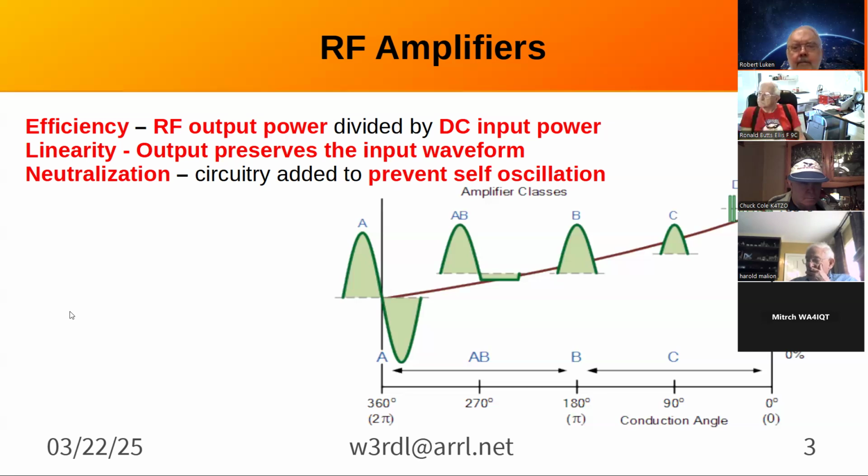Yeah. It's more efficient, but it's not linear. And then neutralization is just where you add some circuitry to provide negative feedback to compensate for any positive feedback you might have. Because the old saying was, if you want to build an oscillator, you build an amplifier. And more than likely, to get the gain up, it will oscillate.